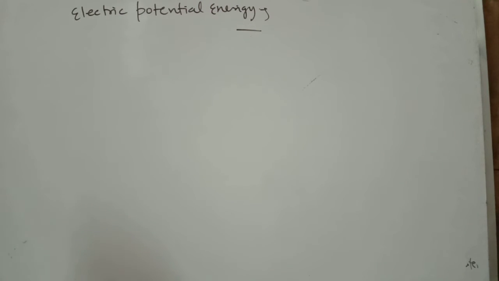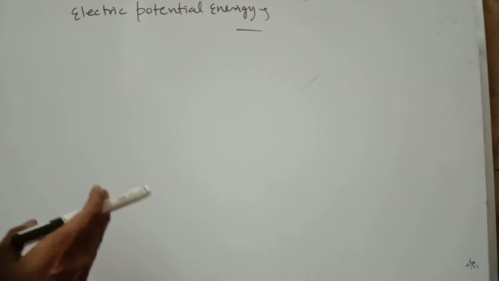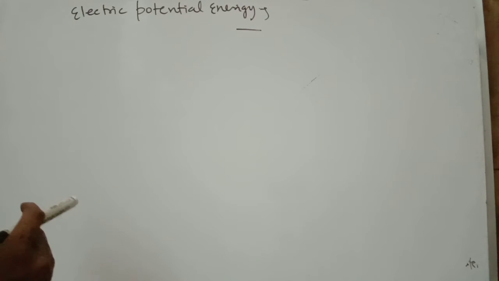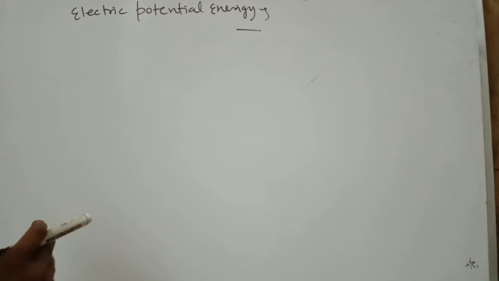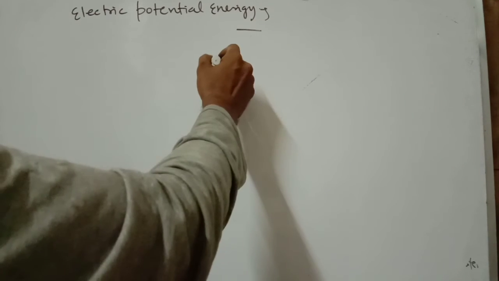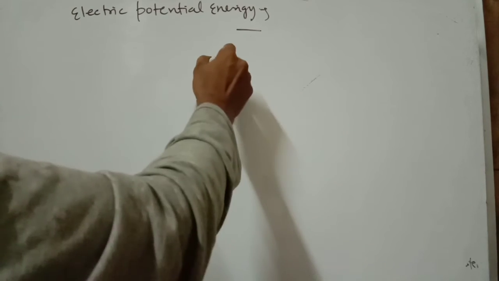Very simple. It is the work done by an external agent when bringing a charge in a region of electric field, against the electrostatic force by the field, which is acquired by the charge as potential energy. So let us consider a charge Q.